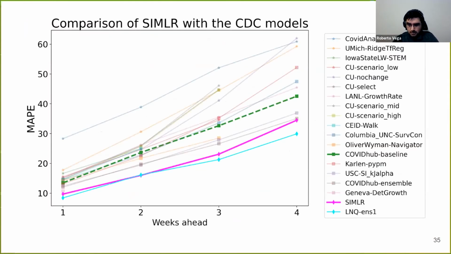This model here, this LNQ ensemble one, is actually also very accurate, but there is an ensemble model of 3 convolutional neural networks. 3 neural networks. I don't remember if they were convolutional, recurrent, or what.